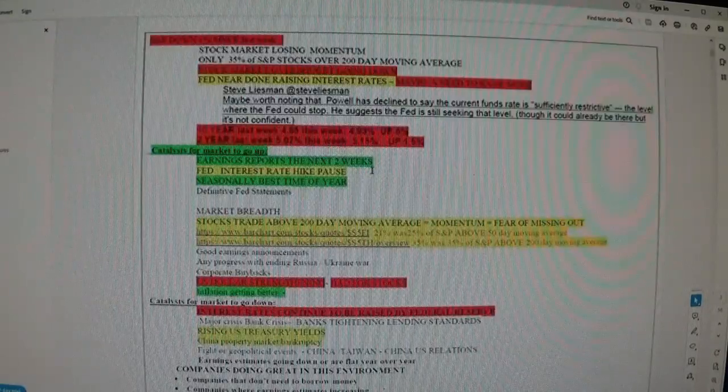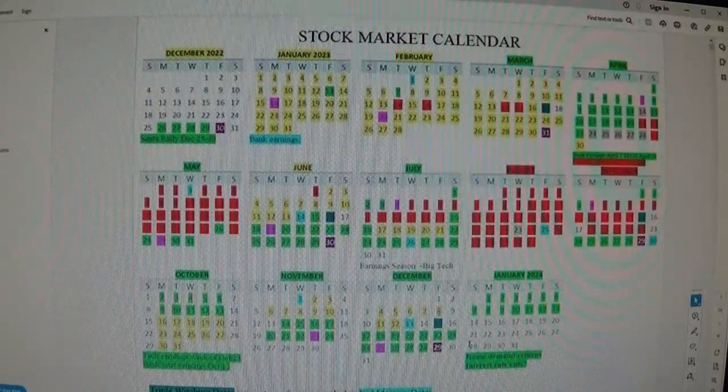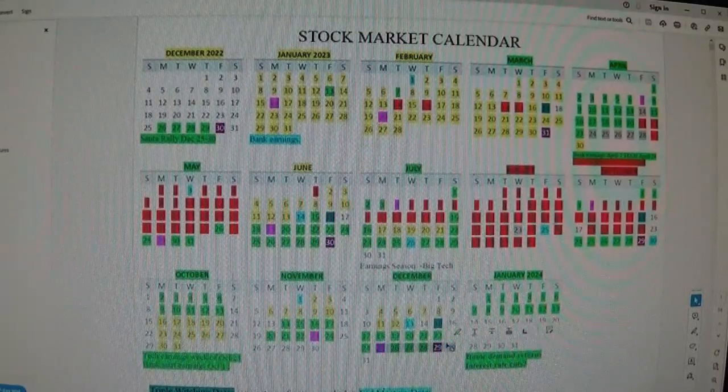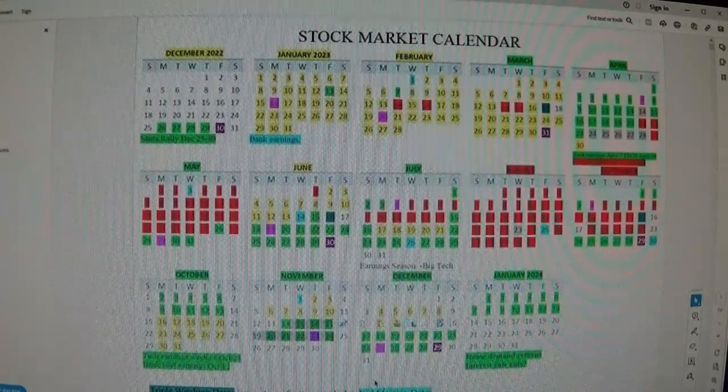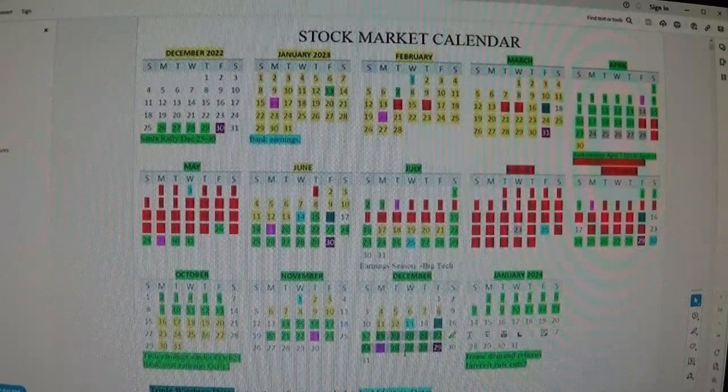And we have the holidays: Thanksgiving, Christmas, and New Year's. That's why we have green in this part of the calendar, because people usually get excited around the holidays.